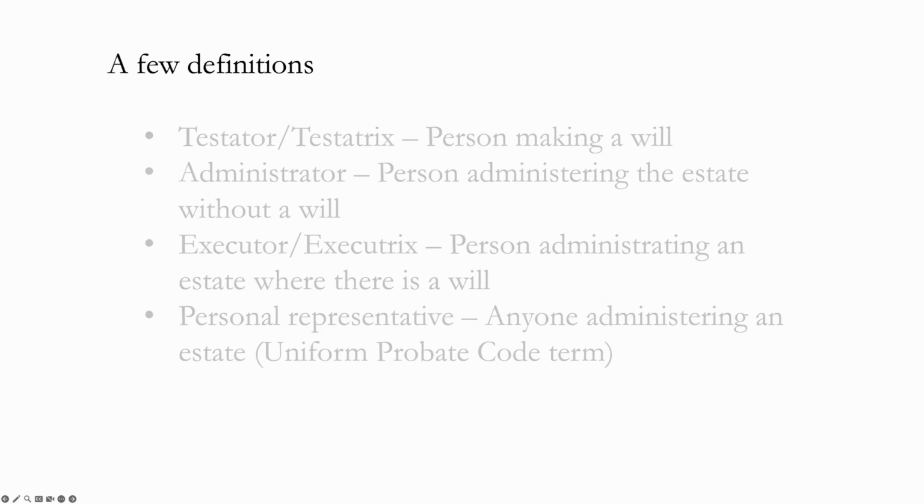But what we're looking at here, under the Uniform Probate Code, the most noticeable thing is there were no testators and testatrix or executors. All that language disappeared, and it went into things like personal representative, and that's the simple language.